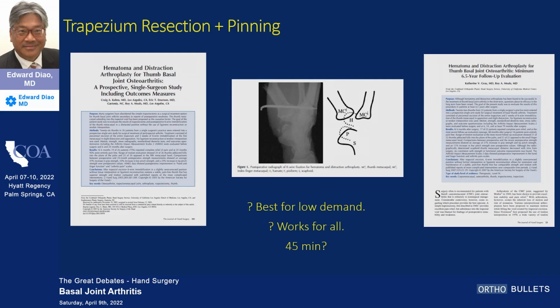And so the key thing here is to resect the trapezium and then provide temporary pinning for placing the thumb metacarpal in an appropriate position. If possible, some quote-unquote distraction. And he called this a hematomoplasty because his concept was that with the removal of the trapezium, the body develops scar tissue, and that after pin removal, the result is an excellent result.